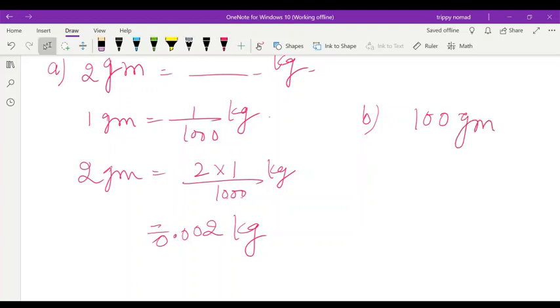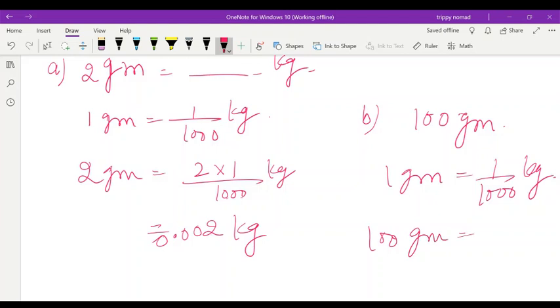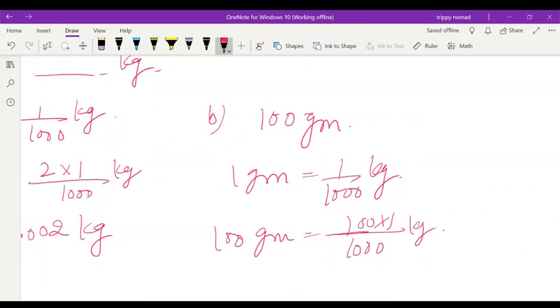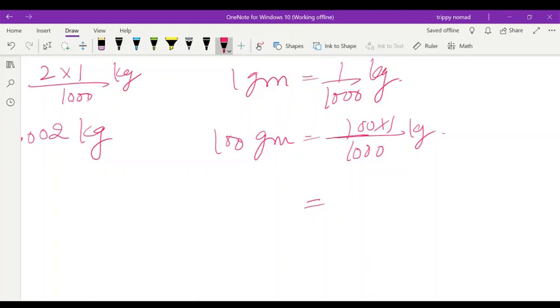Next one, B part was 100 gram. So 1 gram is equal to 1 upon 1000 kilogram. So 100 gram is equal to 100 into 1 upon 1000 kilogram, children. 100 upon 1000 kilogram. 1, 2, 3.